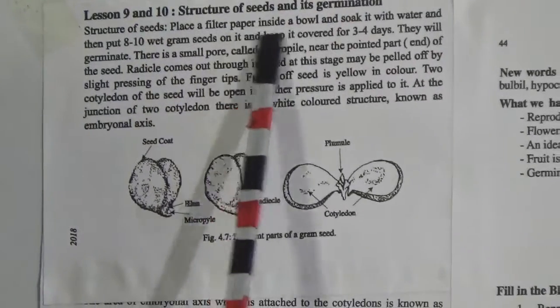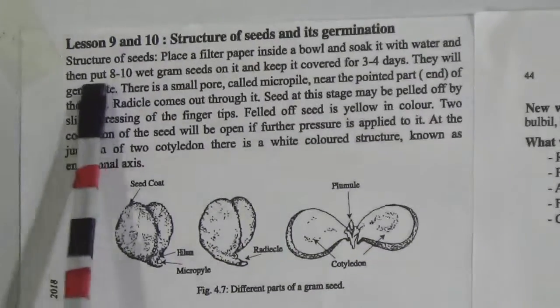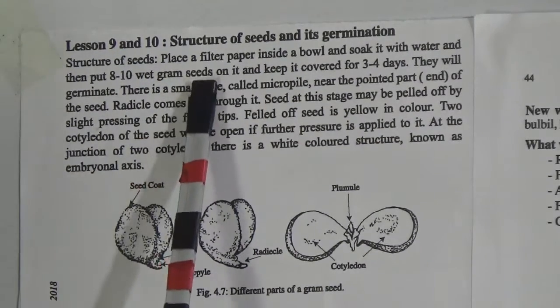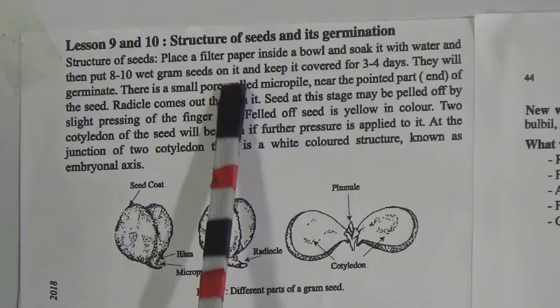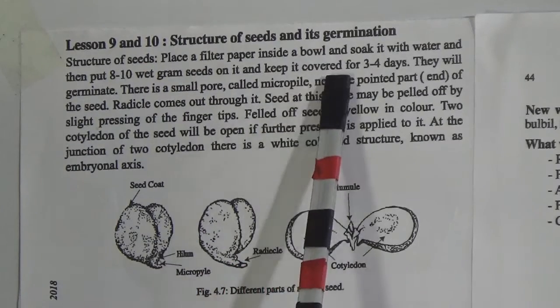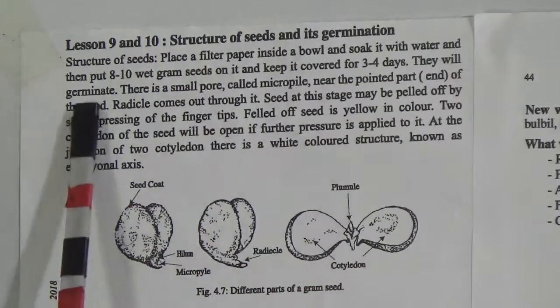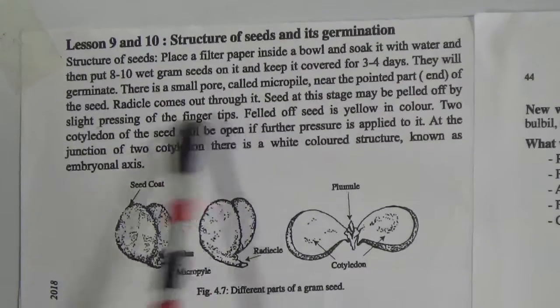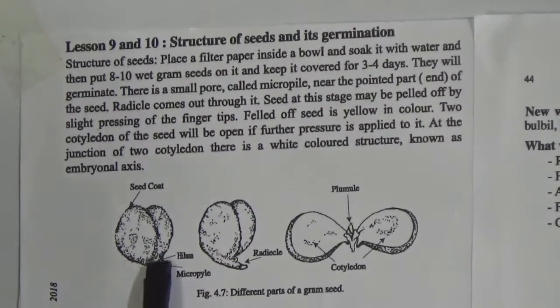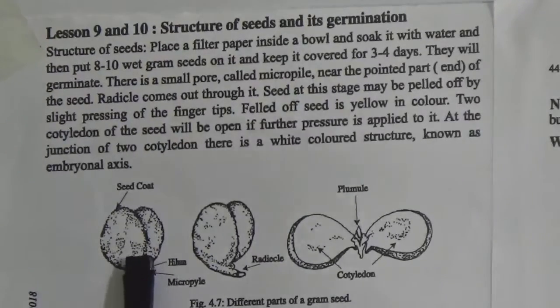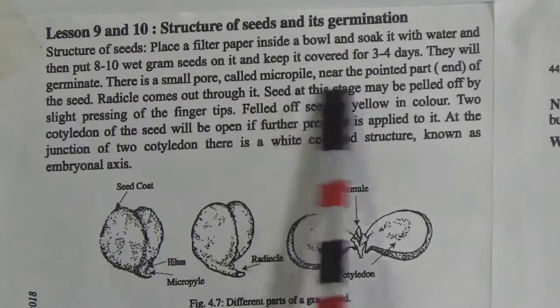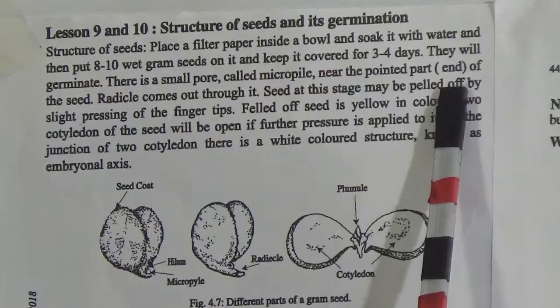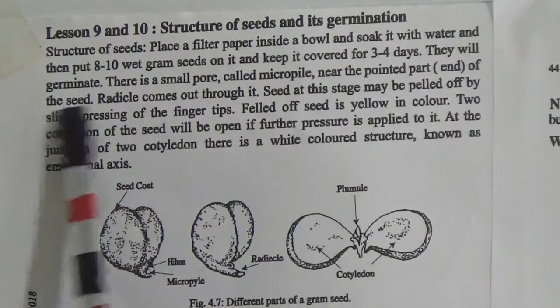The structure of seeds: place a filter paper inside a bowl and soak it with water, and then put 10 to 8 grams of seeds on it and keep it covered for 3 to 4 days. They will germinate, and there is a small pore. If you look there, this is the small pore of the germinated seed, and this is called micropyle, near the pointed part or end of the seed.